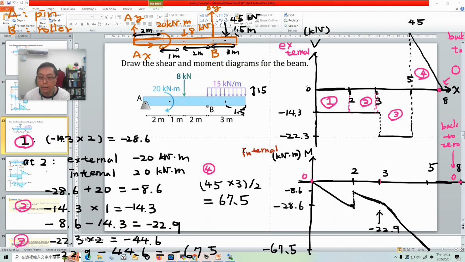The next question: is it a steady change or a change with a different rate? You see this right triangle, I think we mentioned this before. If you slice it with dx, the height decreases.